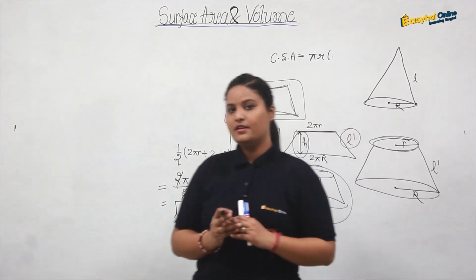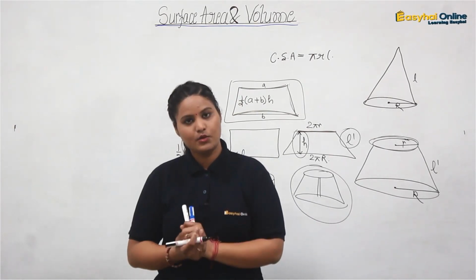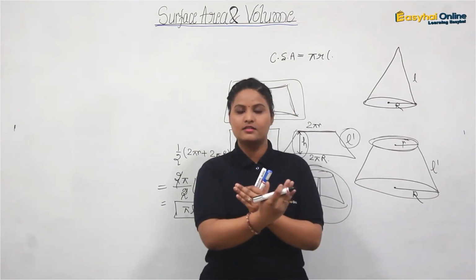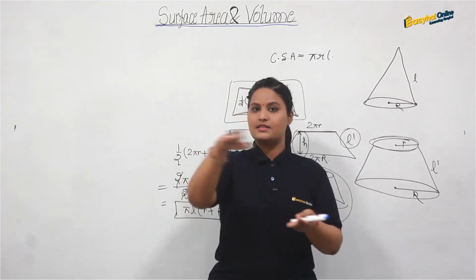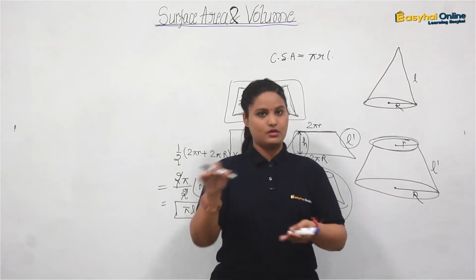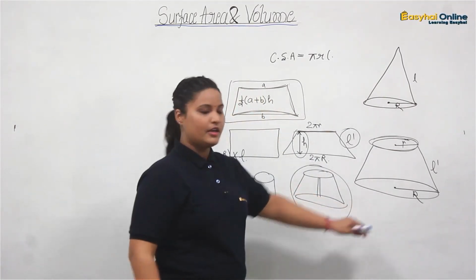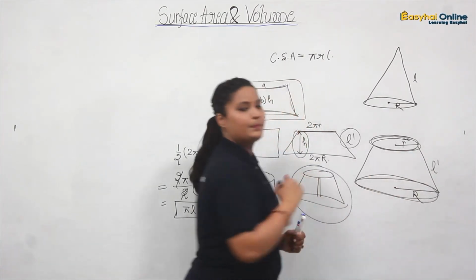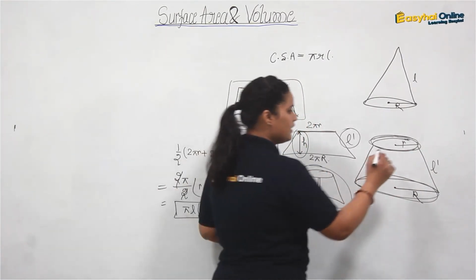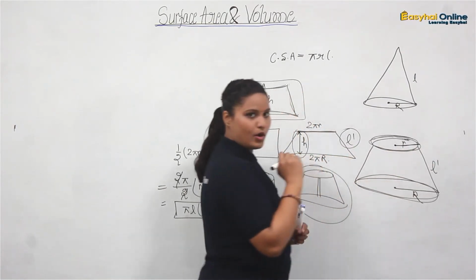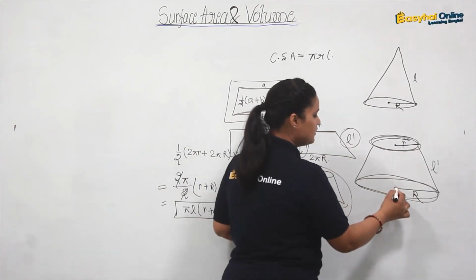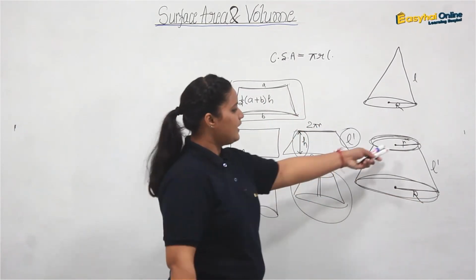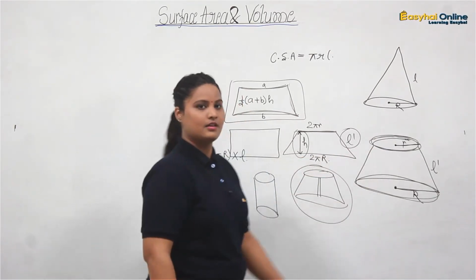Now, tell me what is the difference between the curved surface area and the total surface area? Curved surface area is just the curved area. Total area includes the circular or plane surfaces also. This frustum includes 2 circular surfaces, correct? One having radius small r and another having radius capital R. Now, what will be the area of these 2 circles?